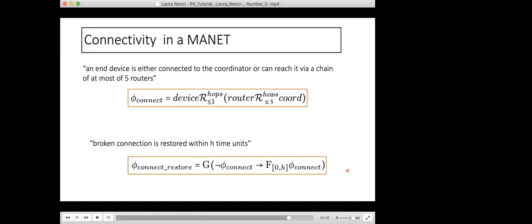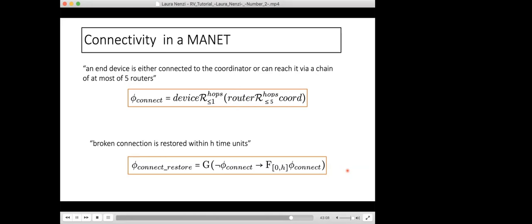It can happen that we have a connection that is broken, but the important part is that this is always restored within a certain time units, and this can be described by this second property, where we add some temporal requirement that describes this fact: if you have a broken connection, this is restored within a certain time units.